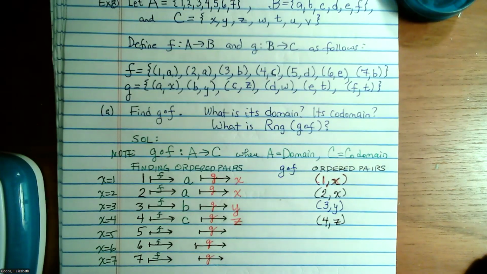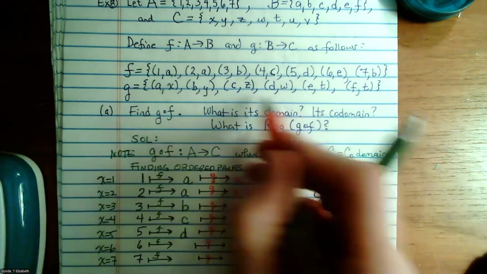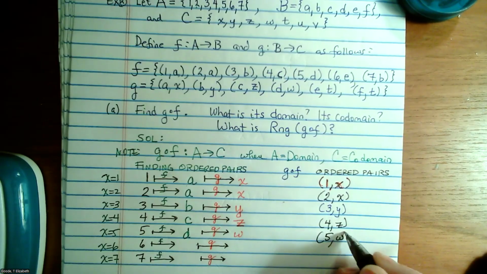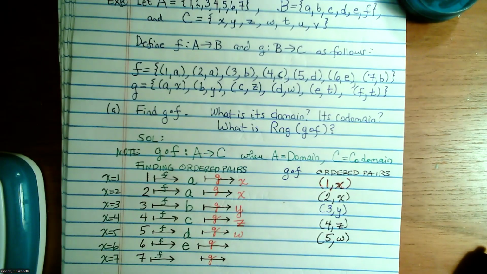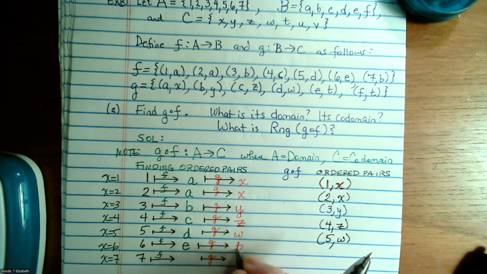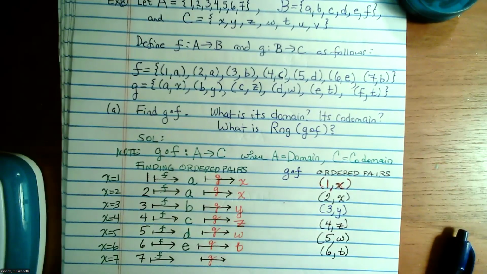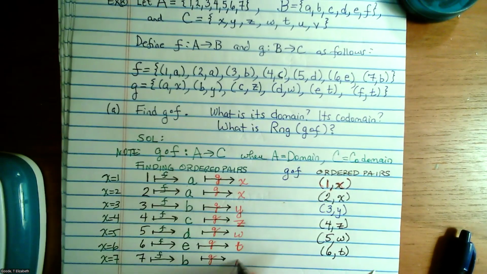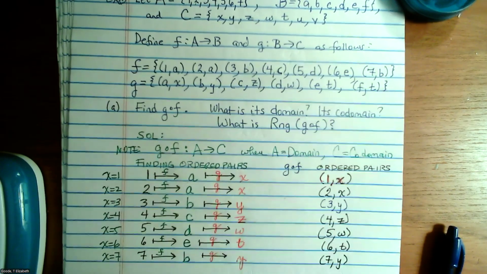So I mean, it's easy to get the swing of it, right? 5 maps to D, and then D gets sent to W. 6 maps to E, and E goes to T. So 6, T. And 7 maps to B, and we already figured out that B maps to Y. So we have the ordered pair 7, comma Y. So that's just showing the work.